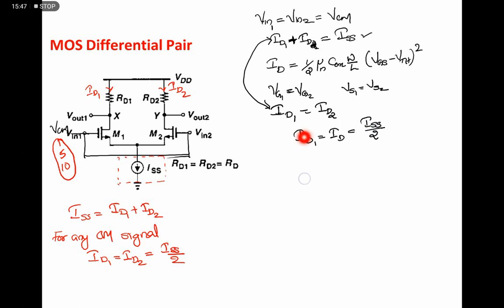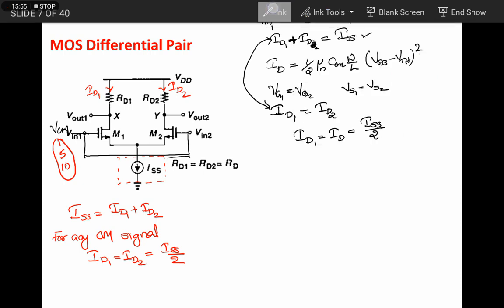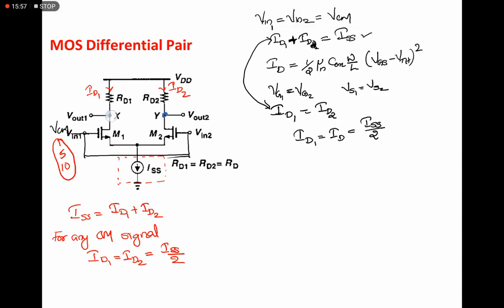Then, what is the output voltage due to this common mode signaling? So if we measure the output voltage, assume Vx and Vy be the output voltages, we can measure using KVL, Kirchhoff's voltage law. VDD is the total voltage.